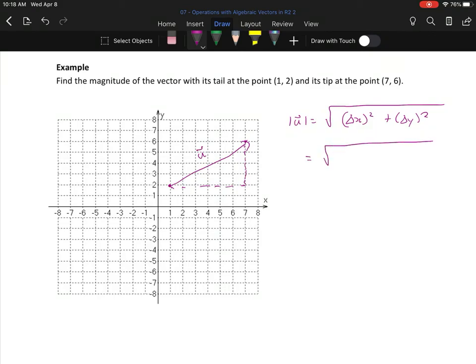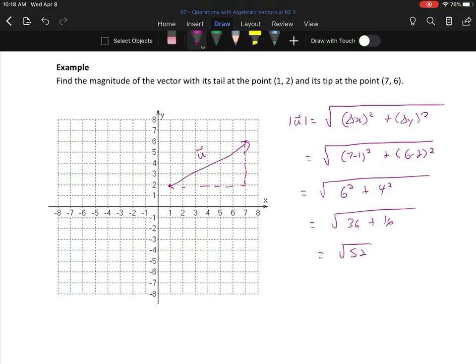So the delta x here is 7 minus 1, and the delta y here is 6 minus 2. And so I get the square root of 6 squared plus 4 squared, 36 plus 16, root 52. 6 squared is 36, 4 squared is 16. Yeah, that's right, root 52.